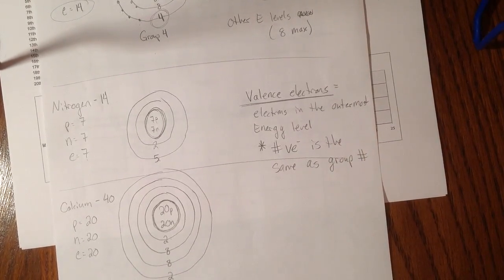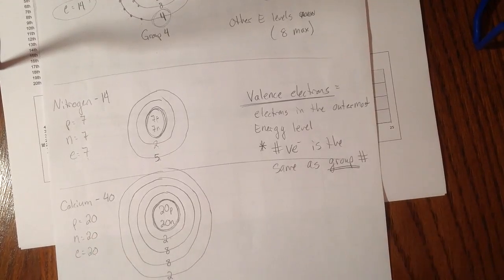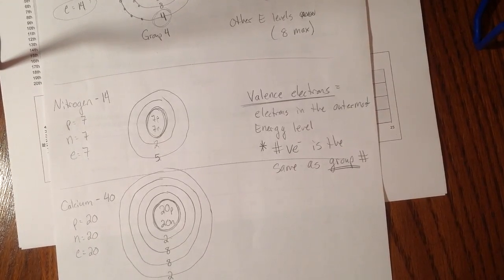And I'm using that pound sign or that hashtag sign to abbreviate my number. And again, your groups are your vertical columns, not your horizontal rows, but your vertical columns.